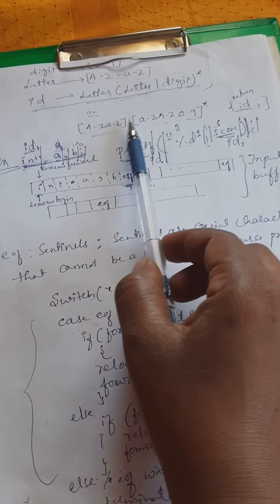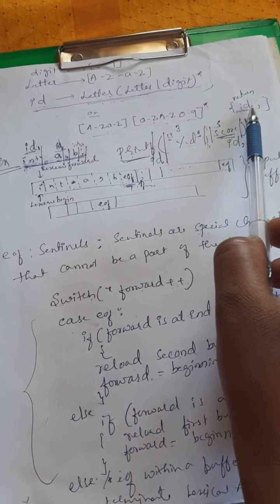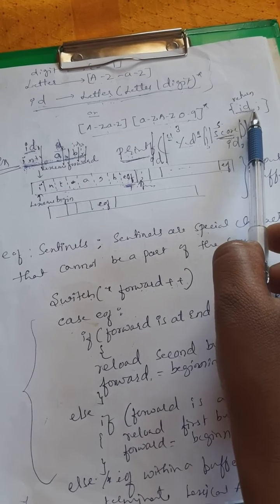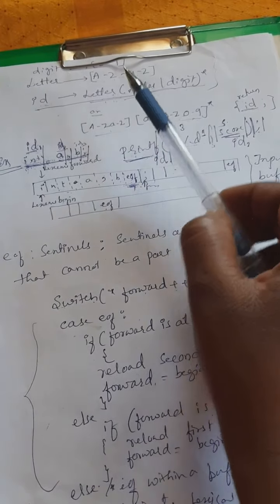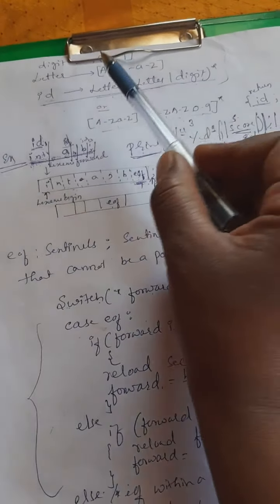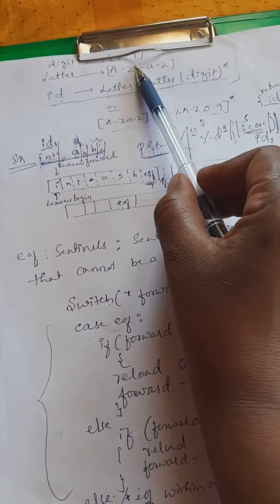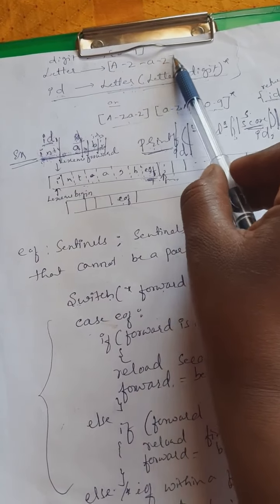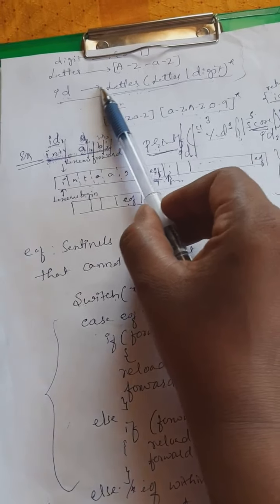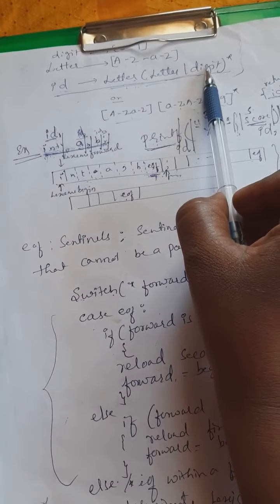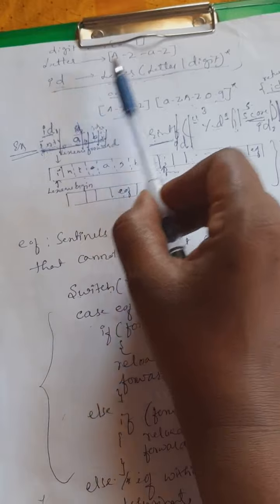If anything matches this pattern, then the token is created and the name of the token is ID here. The same thing you can write like this also. Letter is nothing but a character between this range, a capital letter or a small case letter. Then this is the pattern to recognize the ID. It is the same as this.